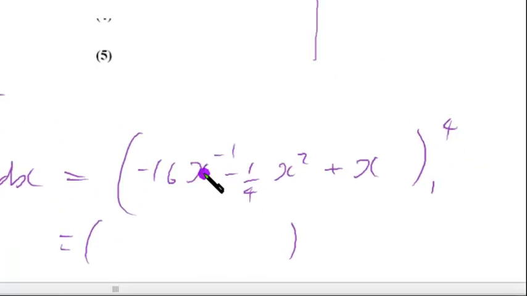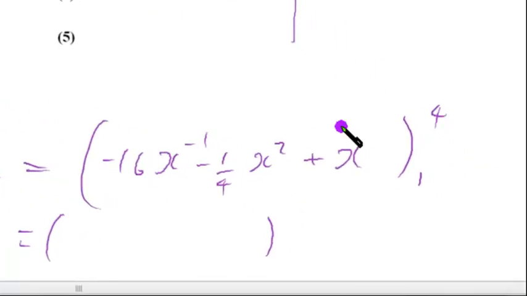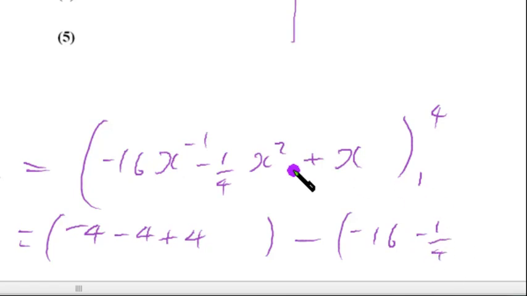So 4 into here will mean minus 16 divided by 4, which will give us minus 4. 4 squared is 16, divided by 4 gives another minus 4, plus 4. Minus, open brackets, minus 16, put 1 into there, get minus 16, put 1 into there is minus a quarter, plus 1.